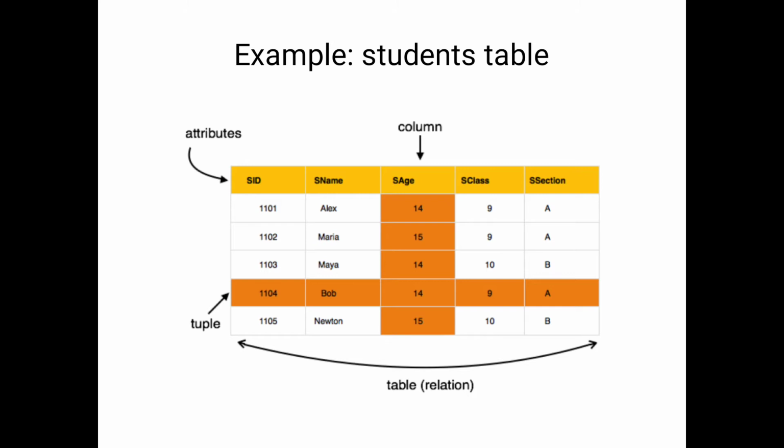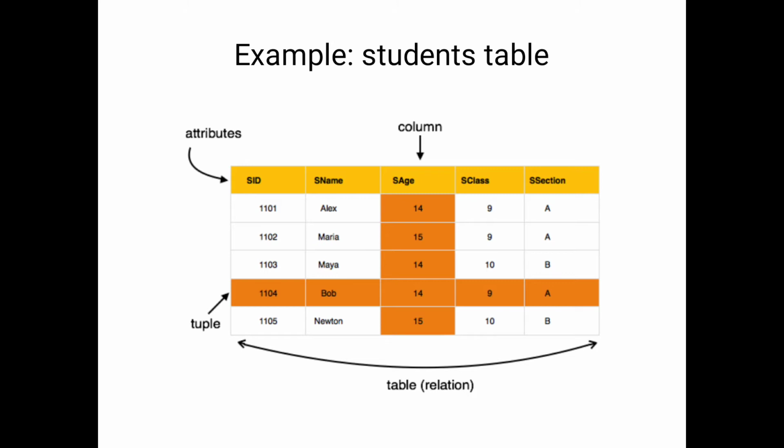What is that student's name? Alex. What is the age of Alex? 14. In which class is he studying? 9th class, A section. So the first row describes the 1101 student's information. Similarly, the fourth row explains the 1104 student's details.